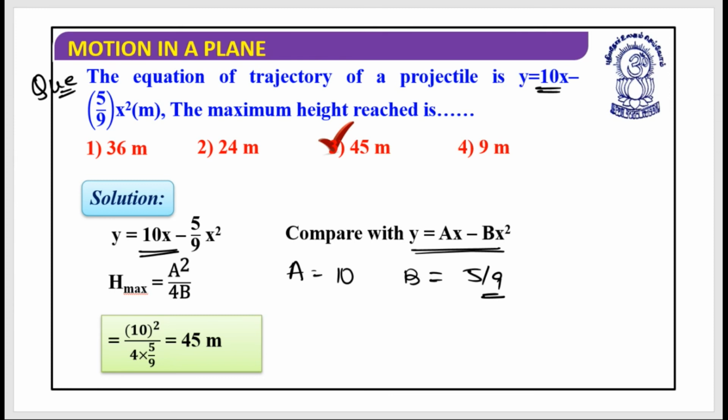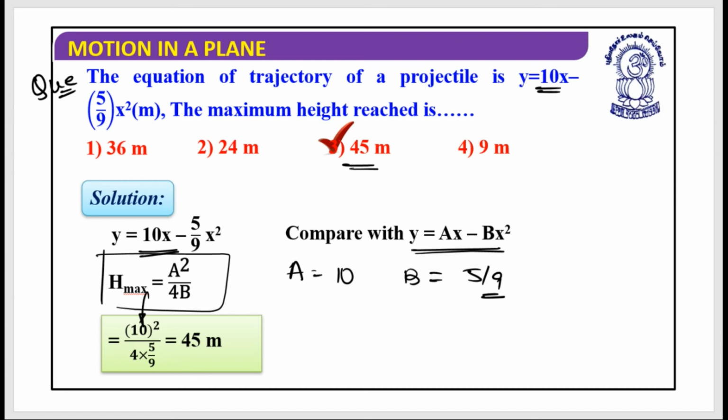And I have told you at that point of time to please remember that H max could be written as a square by 4b. Let's just replace the value and get the answer. Again, 45 meter would be the answer. What was yours? Is it the same? Great.